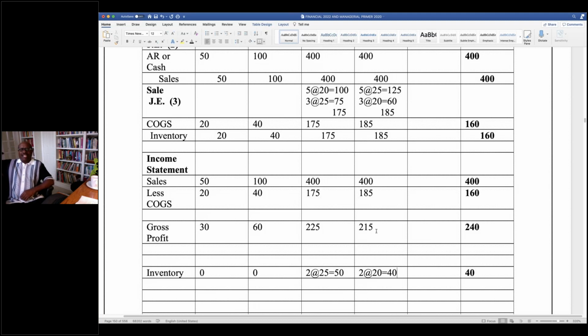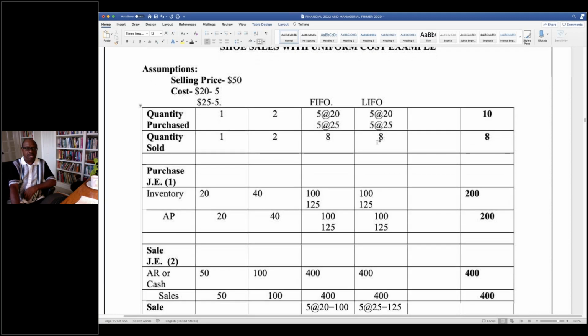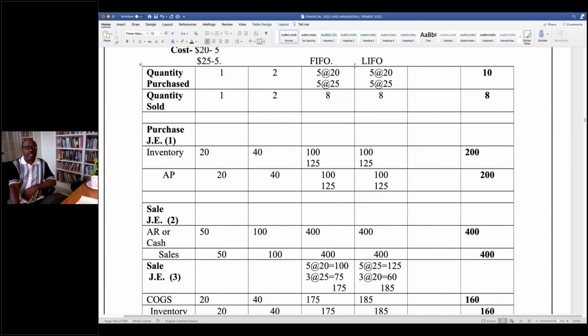Gotcha. So the only thing is consistency. You can't change from year to year. Once you select the method, the IRS is going to make you keep it. So when you start your business and you file your first tax return with these different inventory amounts, you have to make a decision on FIFO or LIFO.